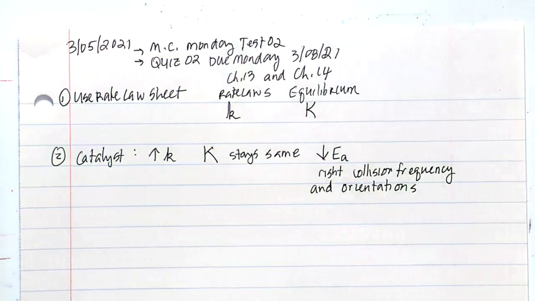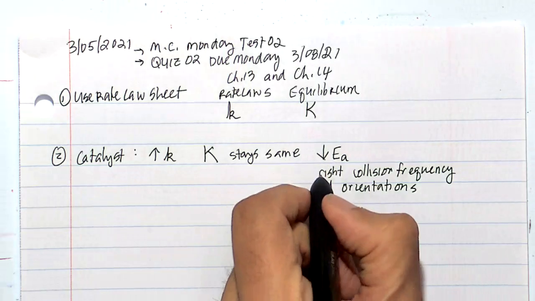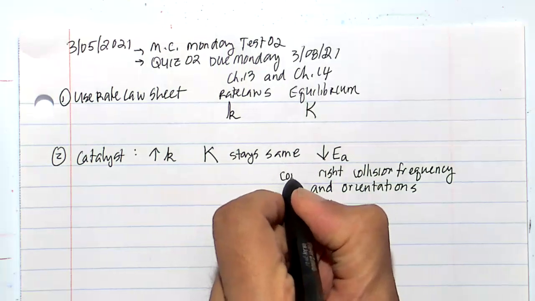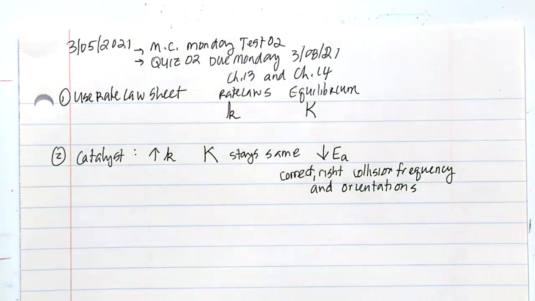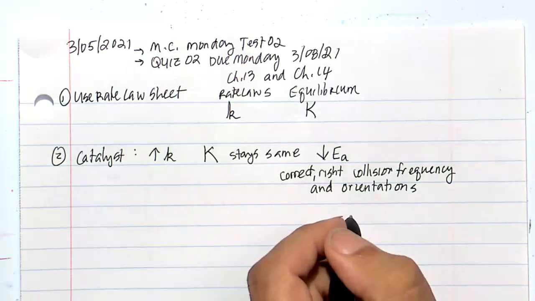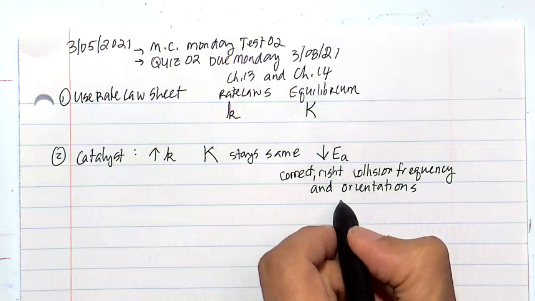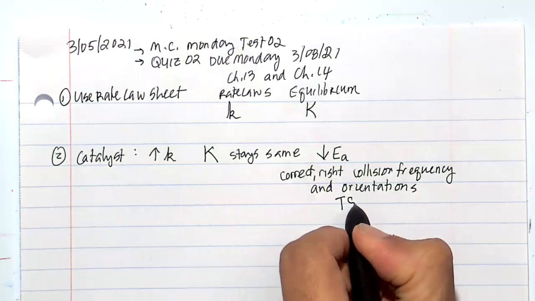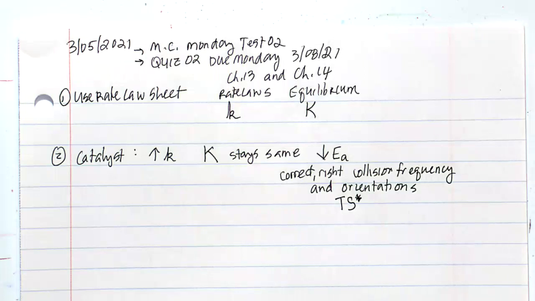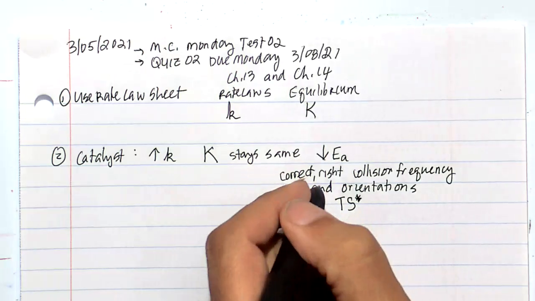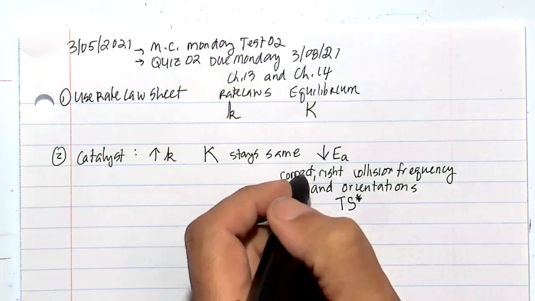When the molecules have the right or correct orientation and frequency, they can have the reaction go to products. We call this moment the transition state, usually with a star by it. Catalysts help achieve the transition state faster at a lower activation energy.